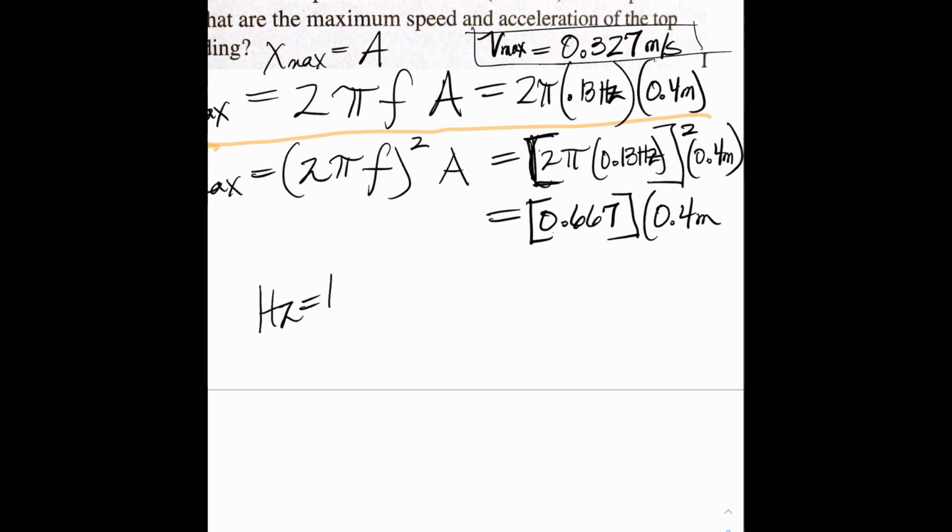A hertz is 1 over seconds. So this is going to be 1 over seconds squared, or 0.667 over seconds squared. Anyways, we're going to end up getting meters per second squared, which is what we want. So we'll multiply this by 0.4, getting roughly 0.267.